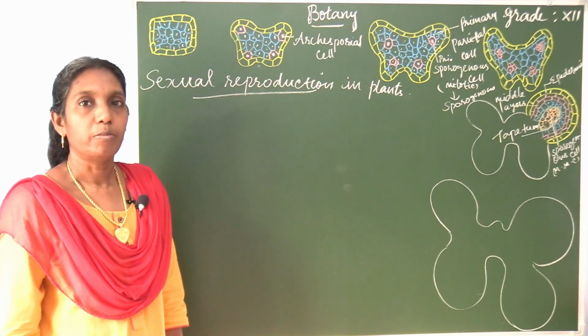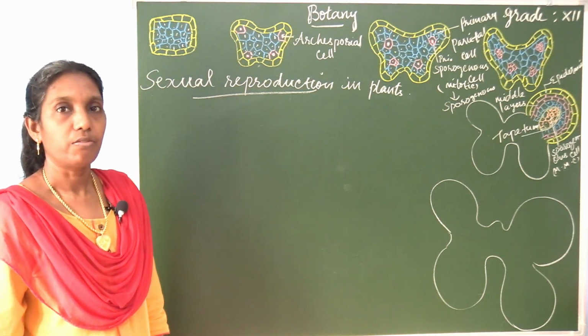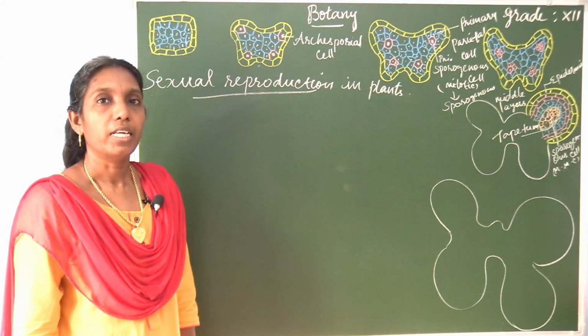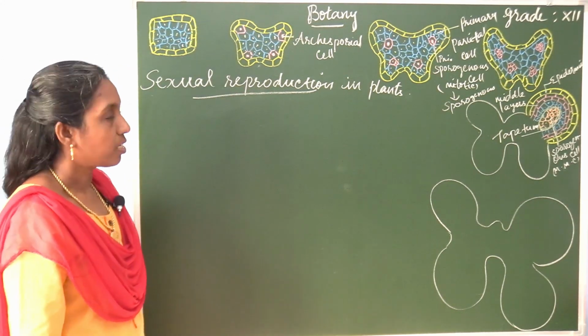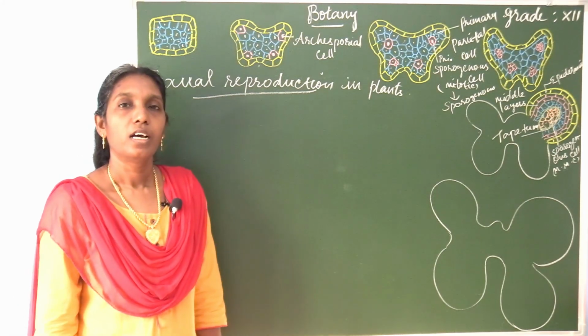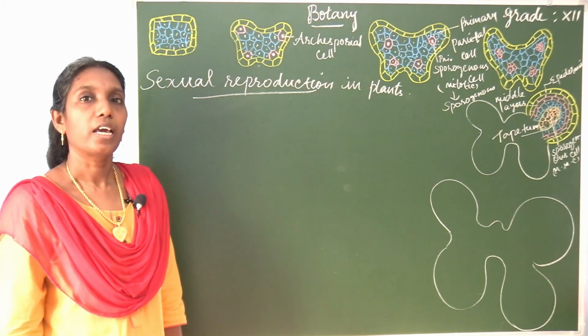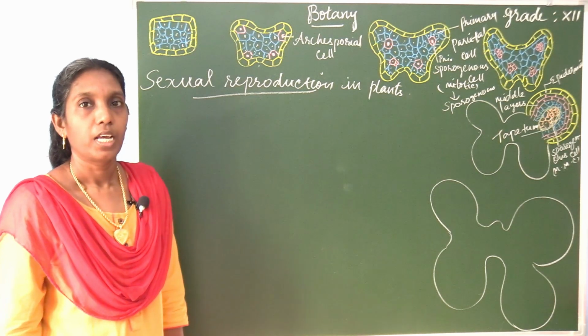Earlier, you learned about asexual reproduction with several examples, mainly in the lower forms like algae as well as bryophytes. Let's start this class with sexual reproduction in higher plants.